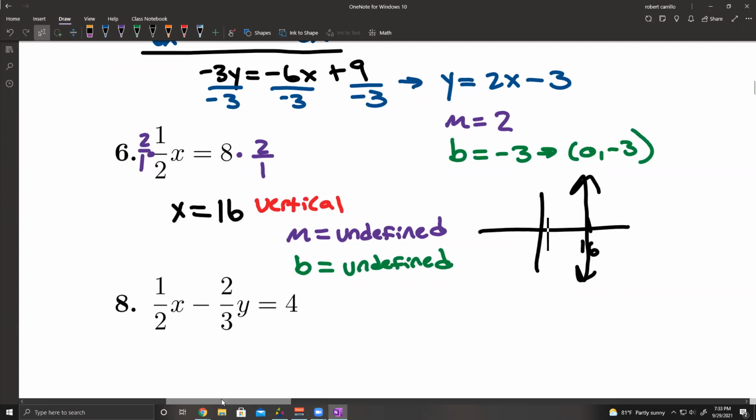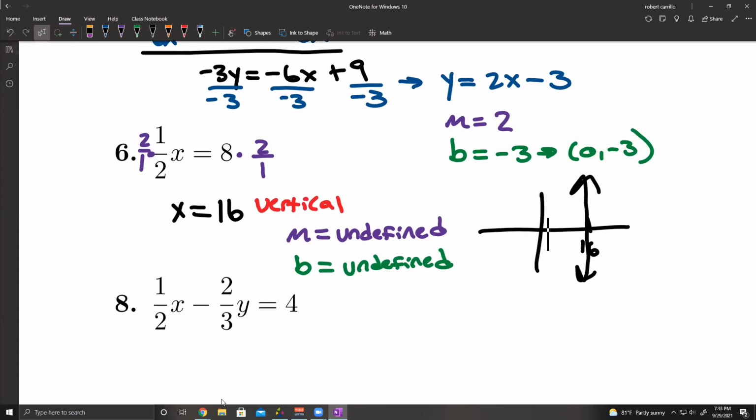It doesn't apply to horizontal lines though, right? Because they're going with the x-axis. Exactly. Horizontal lines are parallel to the x-axis, so they will always have a y-intercept, but they'll never have an x-intercept.